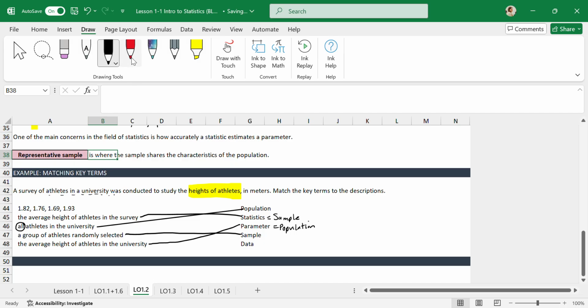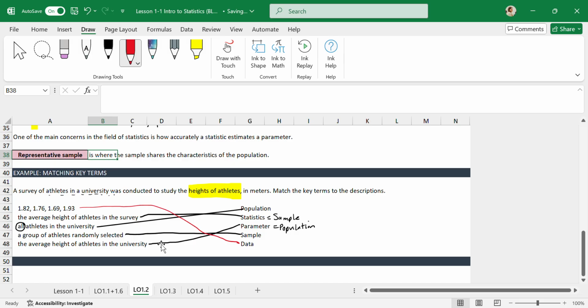And finally, the last thing we have is just the numbers. Once you actually record their heights, that is the data that we have, the information with some kind of context. In statistics, using the correct terminology is very, very important. You can see in this example that many of these answers are extremely close to each other, like average height of athletes in the survey versus average height of athletes in the university.